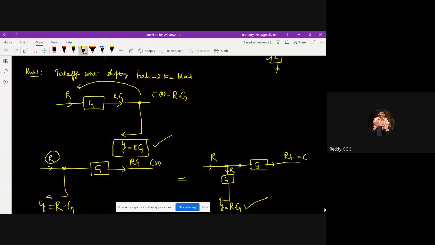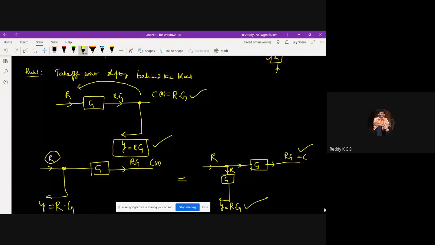I have shifted the takeoff point to the left side without affecting the feedback signal value. The output is not changing anyhow, but the feedback signal could change, so even the feedback signal should not change while shifting the takeoff point towards the left.